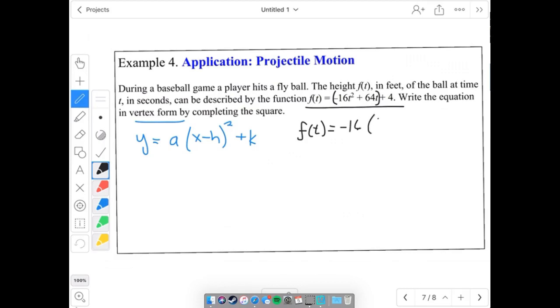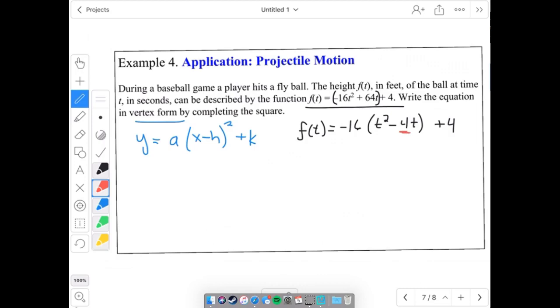negative 16 t squared minus 4t, and then we're still going to have that plus 4 on the outside. So we can complete the square with that t squared minus 4t piece in there. So we're going to take that b term, cut it in half, that'd be 2, square it, we're back to 4.